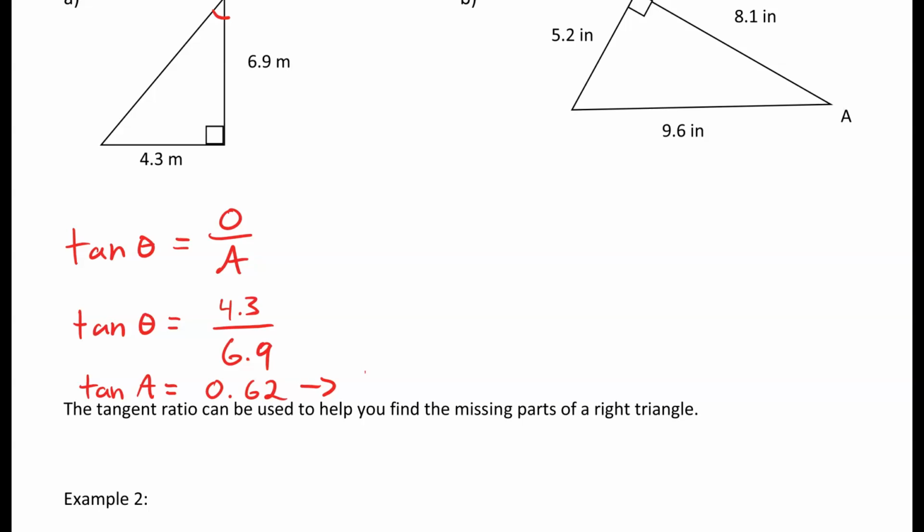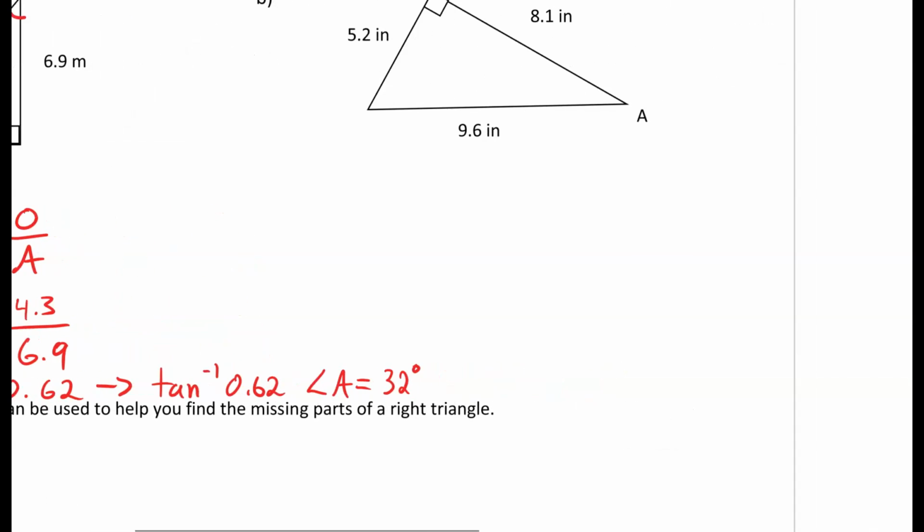Now remember, you have to do tan^-1 of 0.62, and that'll give us angle A equaling 32 degrees. Now remember that you're rounding to a whole number. So it actually comes out as 31.79, and we're rounding it up to 32 degrees.